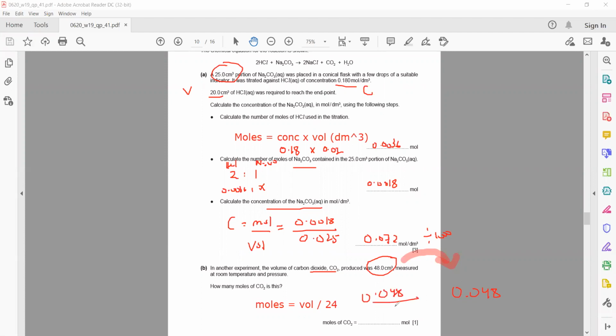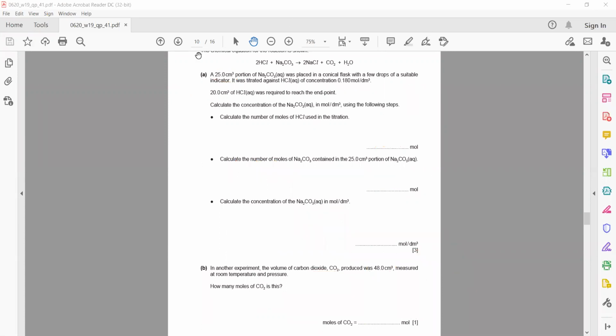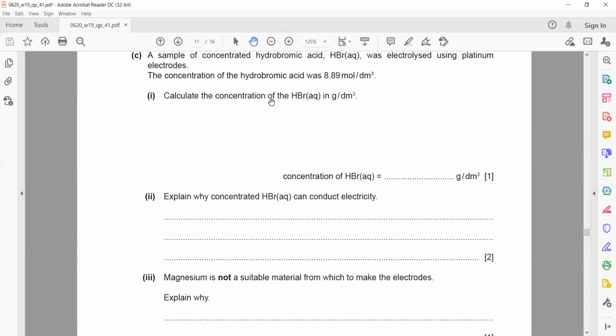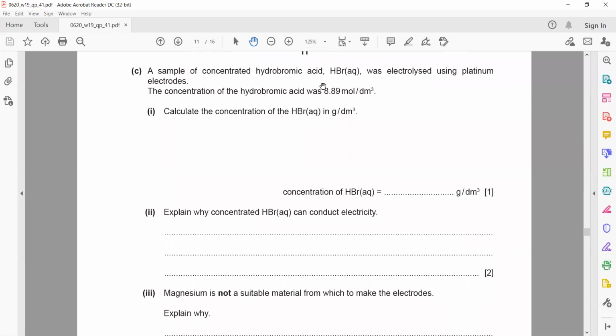A sample of concentrated hydrobromic acid was electrolyzed using a platinum electrode. The concentration of hydrobromic acid is 8.89 mole per dm cube. We need gram, so basically we have to convert moles into gram. We have the formula moles equal mass in gram divided by molar mass.